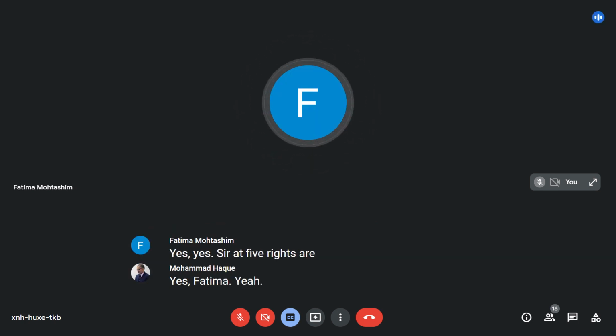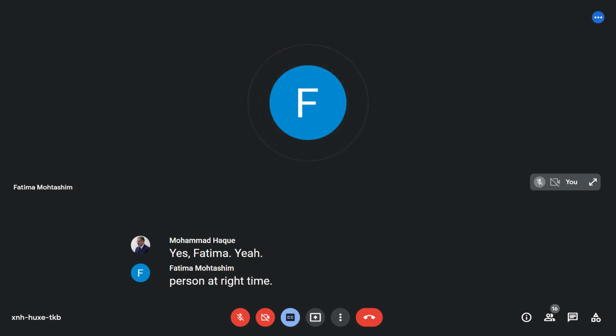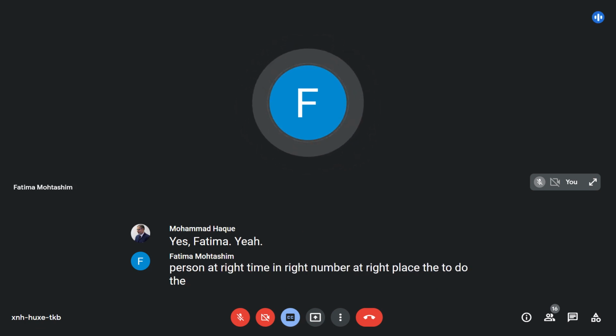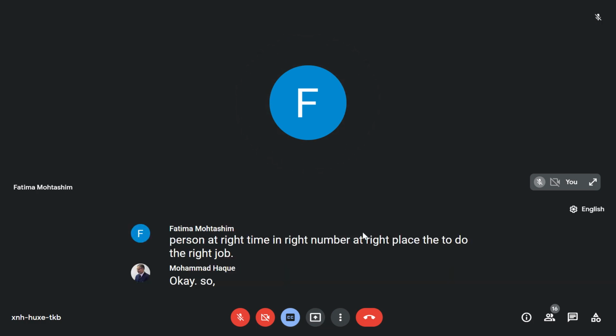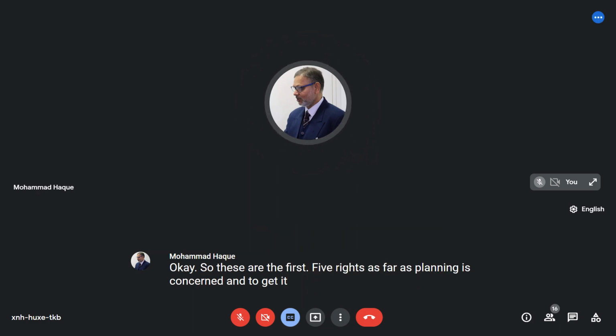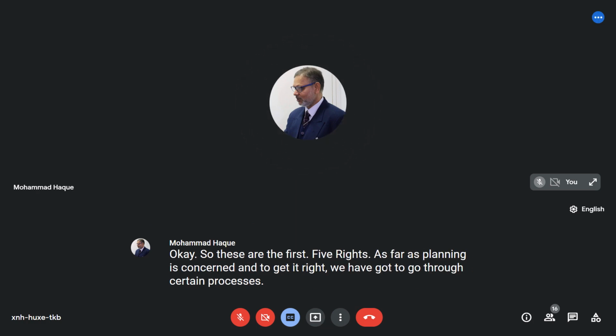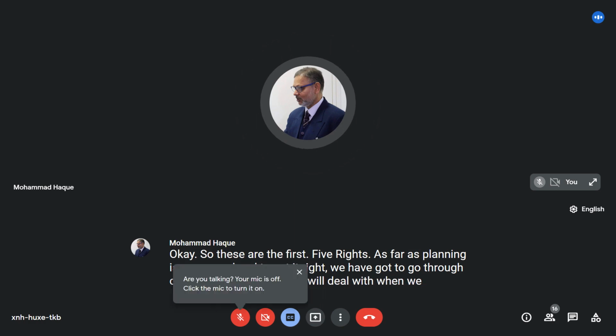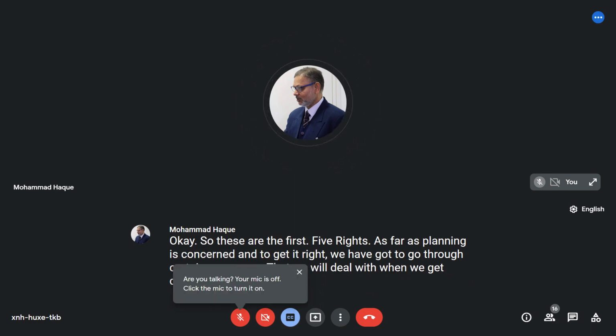Five rights are getting the right person at right time, in right number at right place, to do the right job. Okay. So these are the five rights as far as planning is concerned. And to get it right, we have got to go through certain processes that we will deal with when we get down to human resource planning.